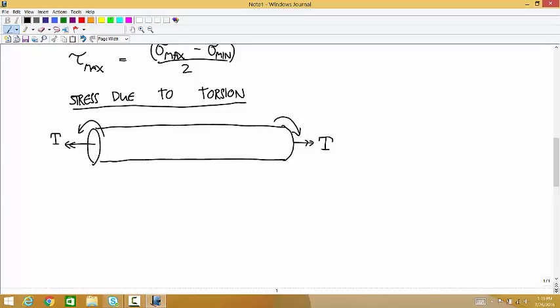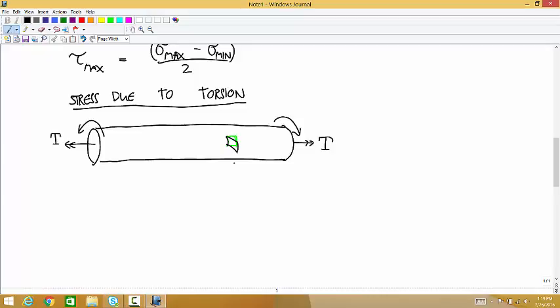And so if you start with an element like this, after the deformation, after you apply this torque, this is exaggerated, but you get an element that now looks like this.